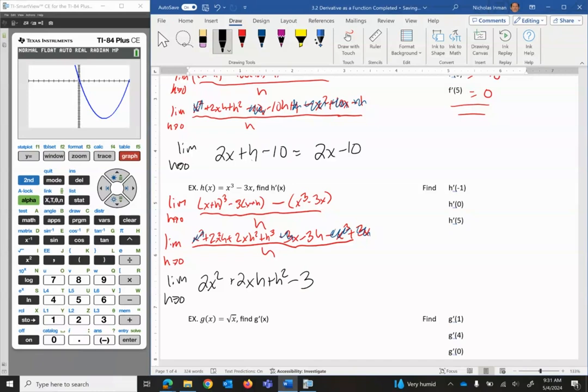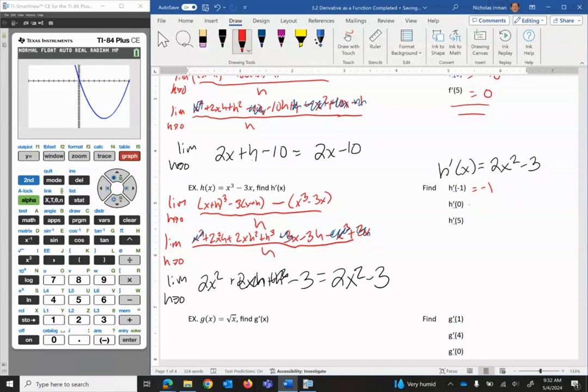Now we do the limit as h approaches 0. Since it's not dividing by h anymore, it reduced out. Let's see, this will go away, this will go away. So we just have 3x squared minus 3. All right, and then we can evaluate this at 3 different spots, very quick and easy. 3 times -1 squared, that's 1 times 3 is 3, minus 3 is 0.